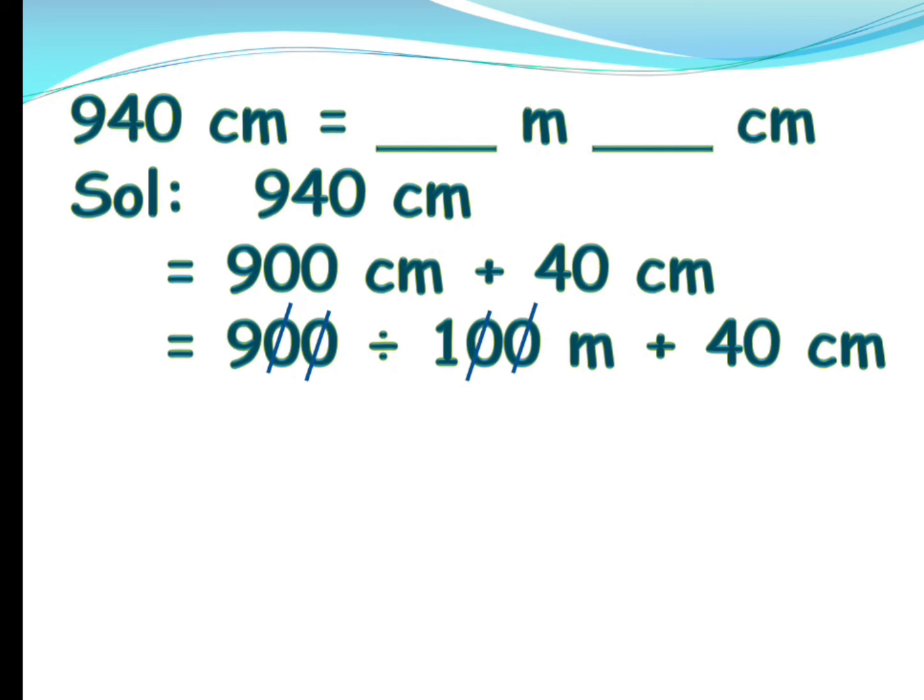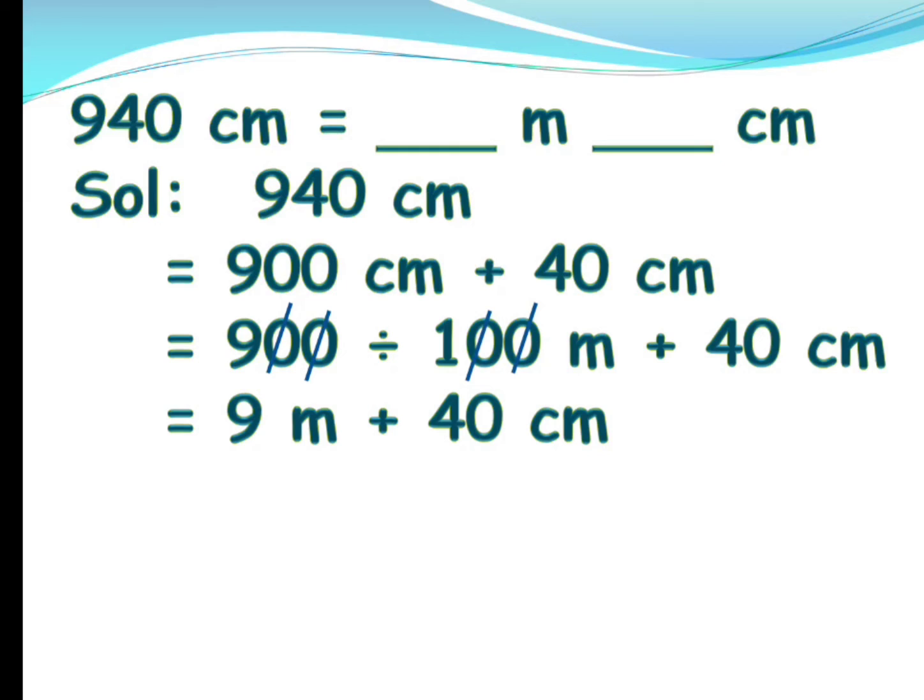So if you do it, the answer will be 9, isn't it? So finally what I'll write: 9 meters plus 40 centimeters, because this 40 centimeters we cannot convert into meters. If we have to convert, we have to add 60 centimeters more, then that becomes 1 meter again, isn't it, children? So 9 meters plus 40 centimeters.